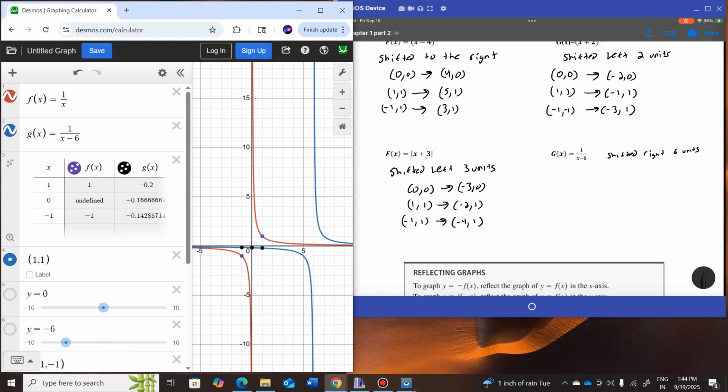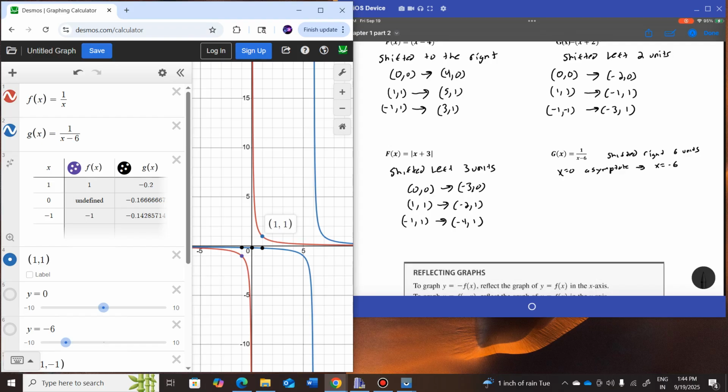And the key thing here is the asymptote. The x = 0 asymptote shifts to x = 6. Notice the horizontal asymptote stays the same.